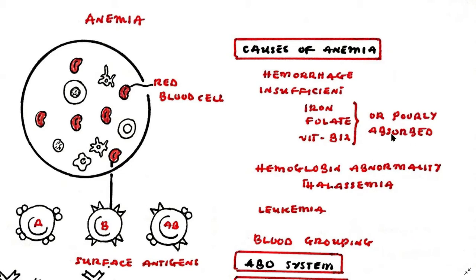Anemia is also caused by abnormalities of hemoglobin, including thalassemia and sickle cell mutation, as well as leukemia, which is a cancer of the white blood cells, or the leukocytes, in which blood cells multiply rapidly and inadequate room is left for red blood cells to develop.